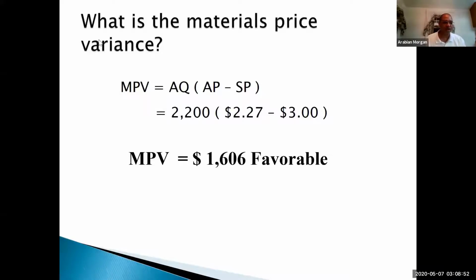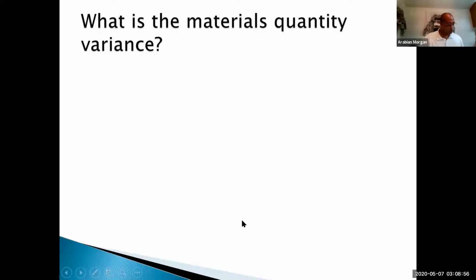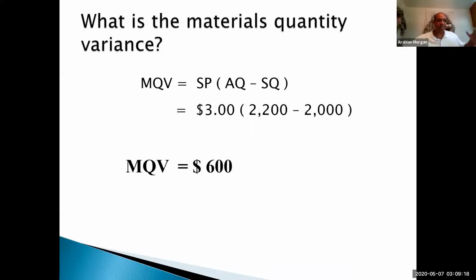On number two, the question is, what is the materials quantity variance? The answer is 600. I got to redo this slide, I think. So anyway, this is the materials quantity variance. You get 600. Take a look at it.